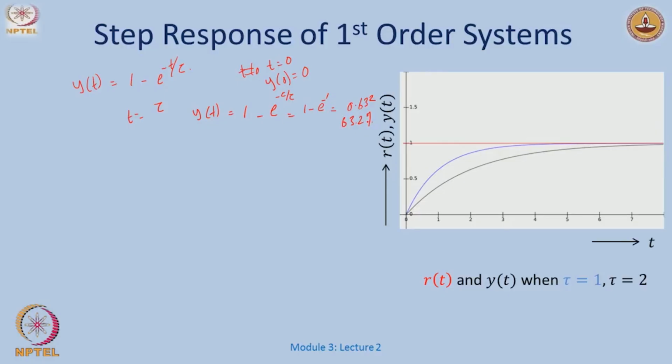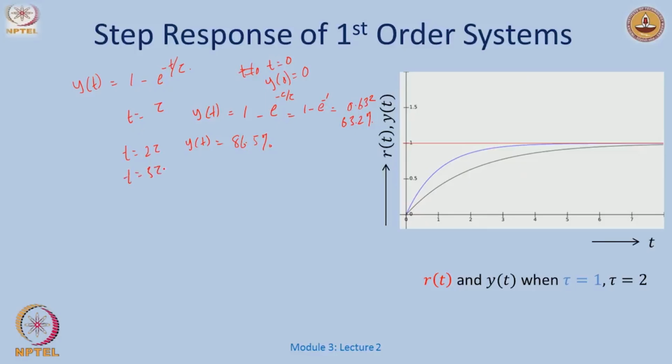Let us see what happens at t equal to 2 tau. y of t would be 86.5% of the final value.